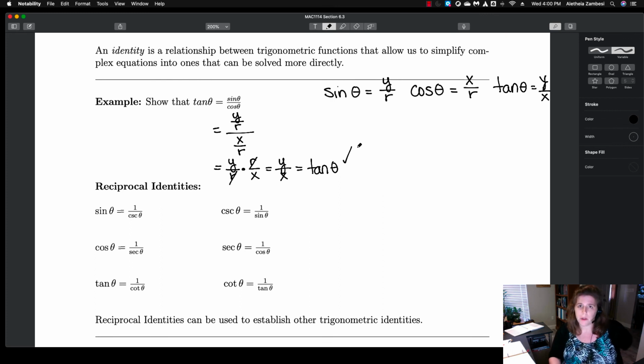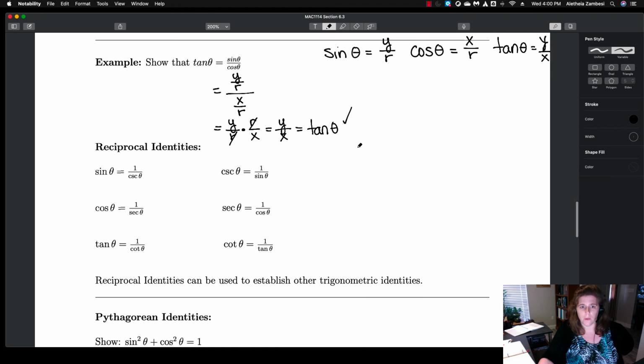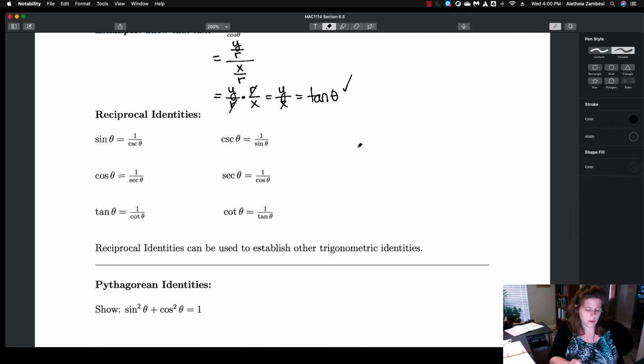Now the reciprocal identities are based on the y over r and x over r and y over x relationships. So if you have sine of theta, it is 1 over cosecant of theta. And that's because sine of theta is equal to y over r when cosecant theta is equal to r over y.